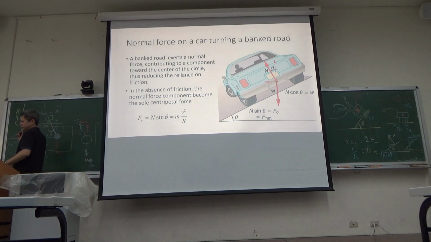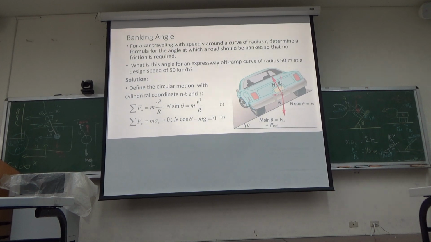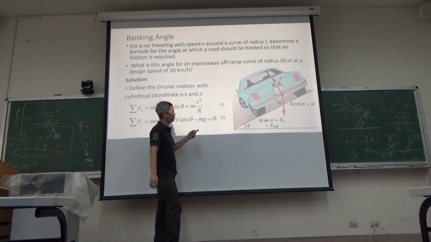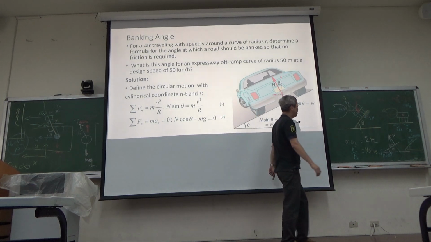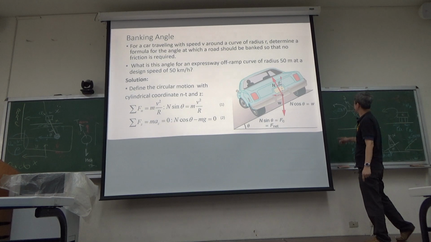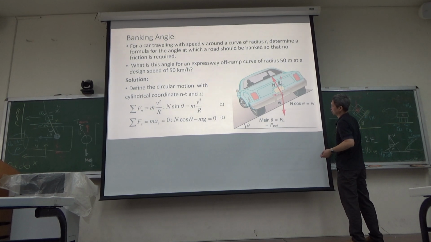So here people only tell you about the normal force, but in reality your car wheel does have a friction component. So bear in mind, it's not the so-called normal force per se, it's actually the centripetal force.